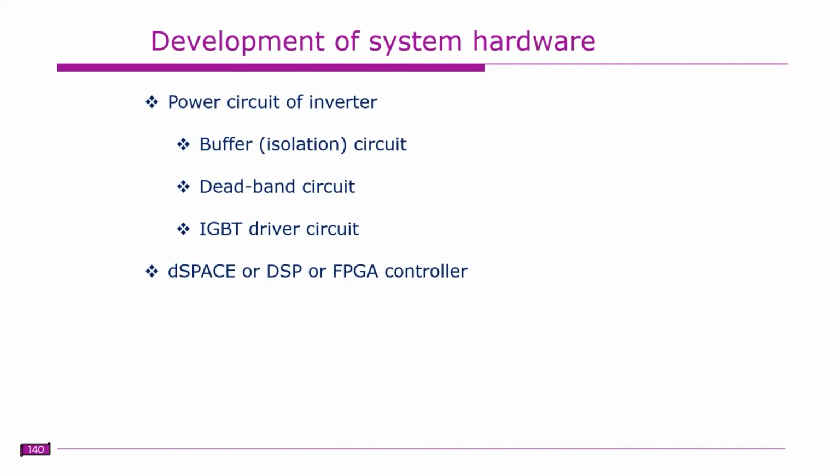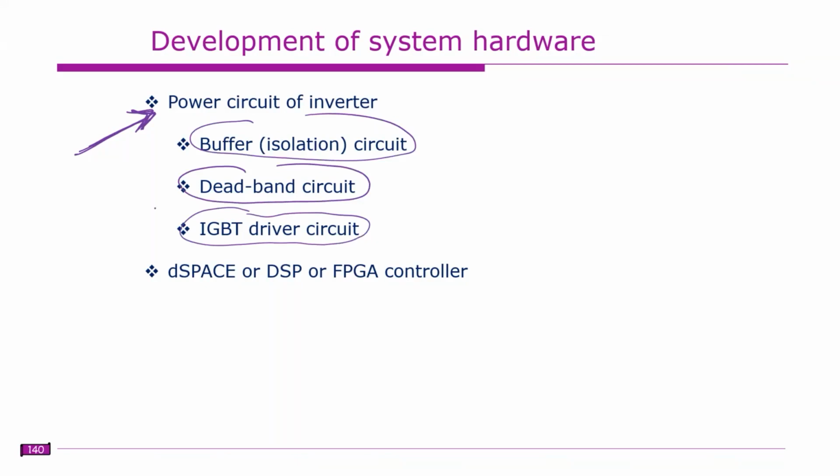We'll discuss that briefly. The first thing we have to develop is the power circuit of the inverter. This power circuit basically consists of an isolation circuit, a deadband circuit, and an IGBT and IGBT driver circuit.